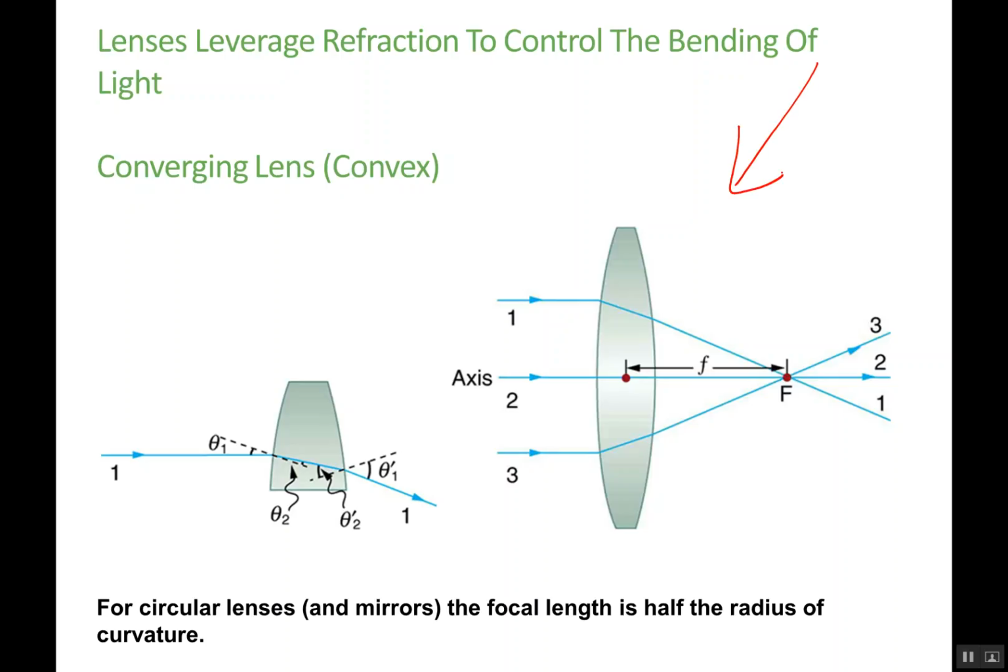Over here, we have the same lens, but now three different rays of light are entering the left-hand side, and notice that those rays are all parallel when they strike the left surface of the lens. The ray on top undergoes refraction and gets redirected in that direction.